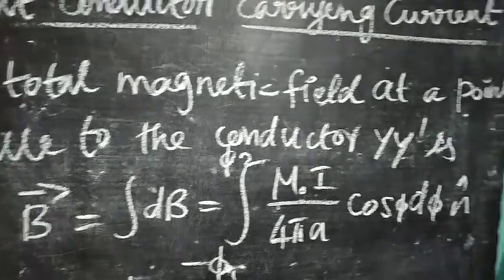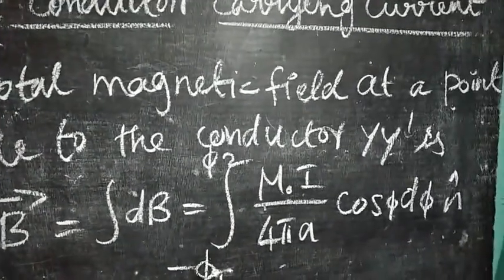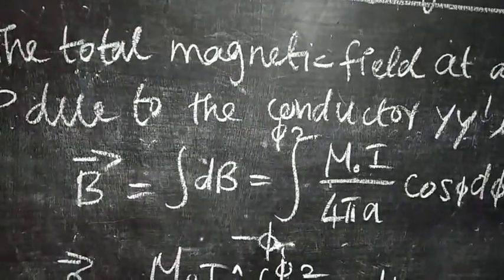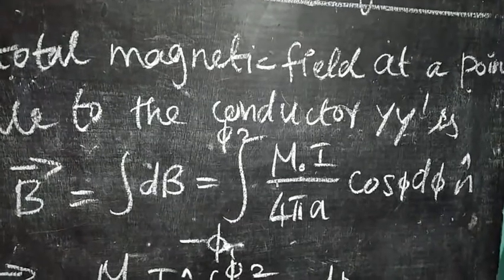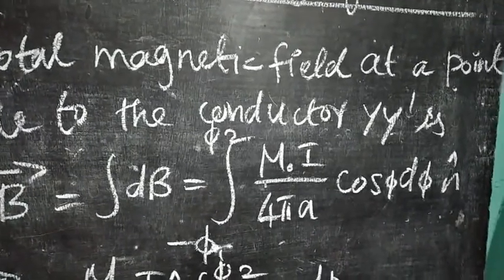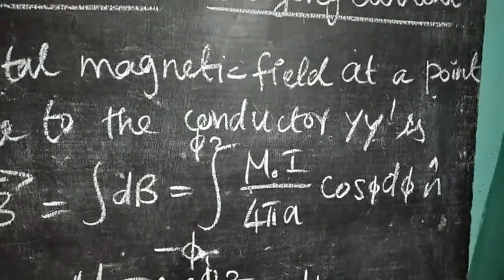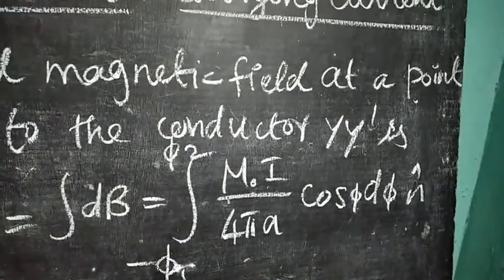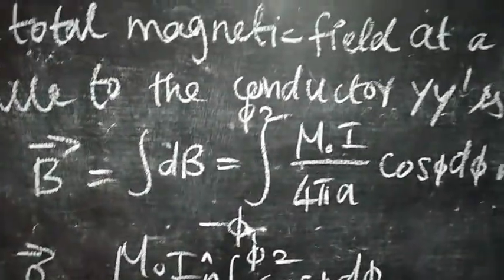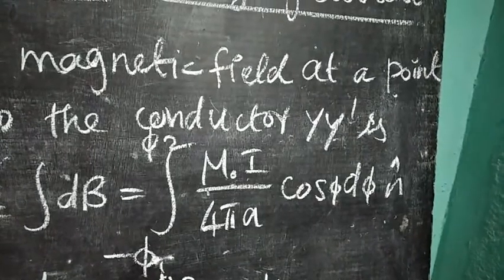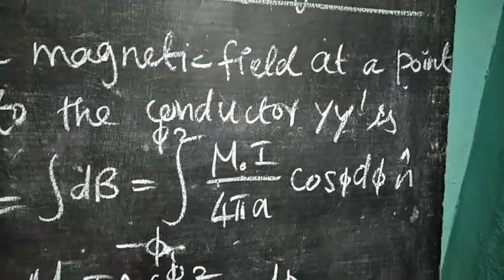The total magnetic field at a point P due to the conductor Y prime is B vector equal to integration of dB, equal to integration from lower limit minus phi 1 to upper limit phi 2 of mu naught I by 4 pi a, cos phi d phi, n cap. The constant mu naught I by 4 pi a, n cap is taken outside.